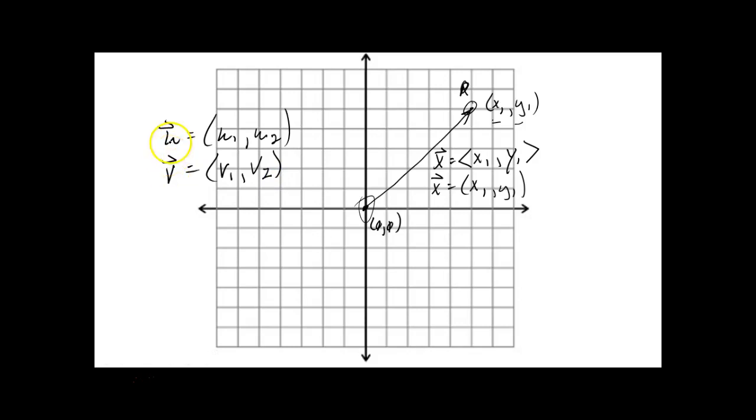Well, these two vectors are equal to each other if and only if the first components are exactly the same and the second components are exactly the same. That is required. U1 must equal exactly the same as V1, and U2 must be exactly the same as V2. All right. So let's move on to example 1.